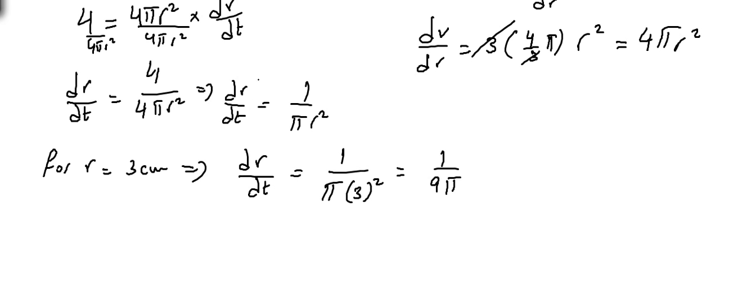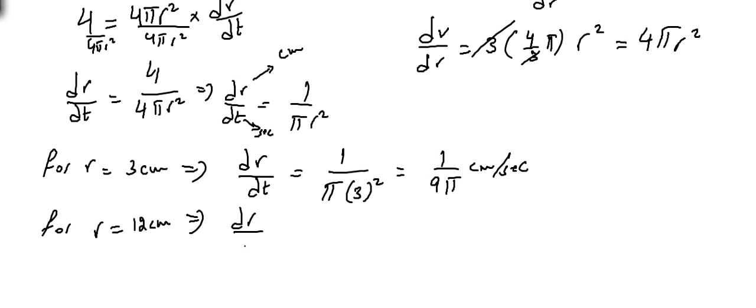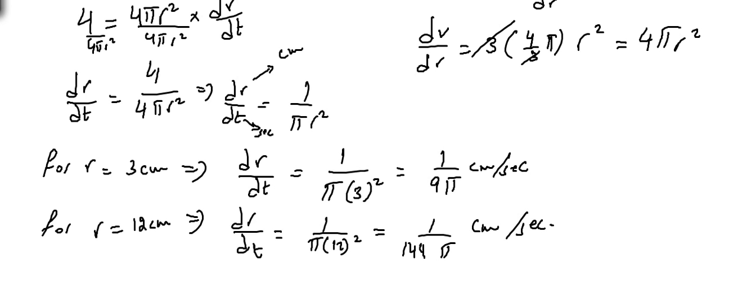Since we're finding dr/dt, it's centimeters per second. And then for r equal to 12 centimeters, dr/dt is equal to 1 over pi r squared, but this time r is 12, so 1 over 144 pi, also centimeters per second.